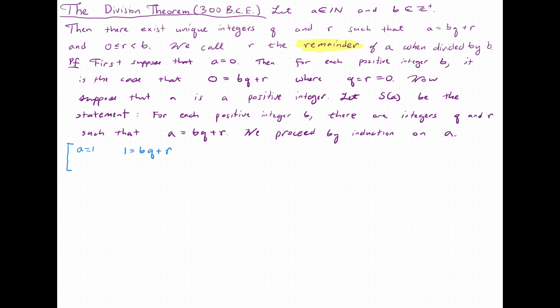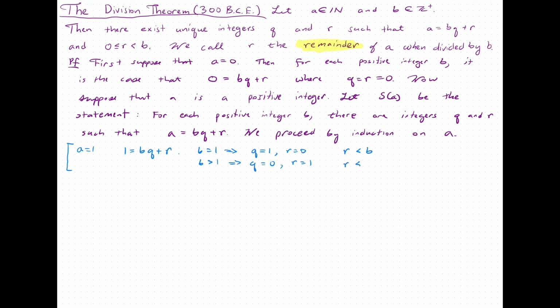And so we have to consider two cases. If b is equal to 1, then we can take q to be 1 and r to be 0. If b was greater than 1, then we can take q to be 0 and r to be exactly equal to 1. And in both of these cases, we have that r is strictly less than b.